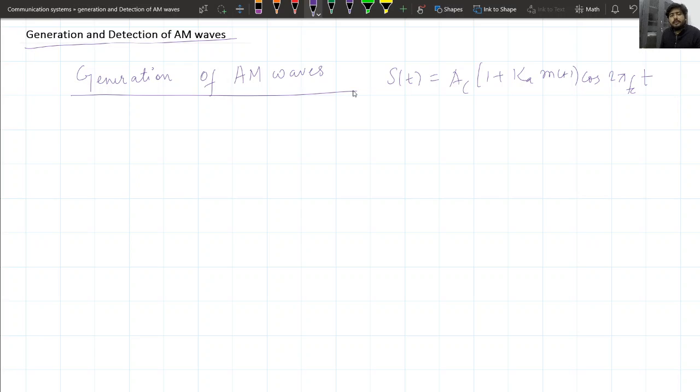Now, the idea behind the generation of amplitude modulated waves is that we add the baseband signal or the message signal with the carrier signal and pass through a non-linear device.